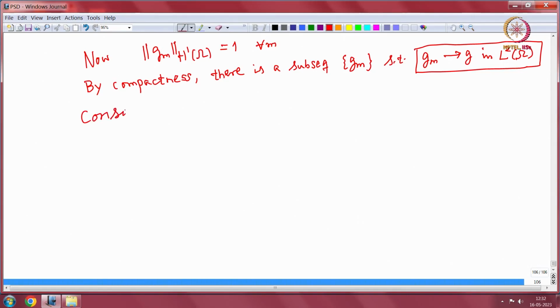Consider Gm minus Gk in H1 omega squared. Okay.